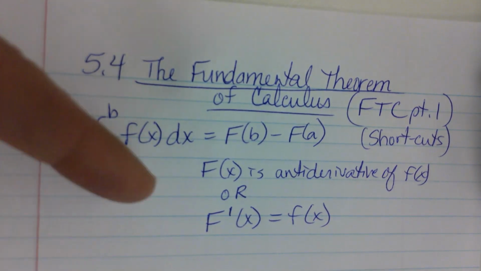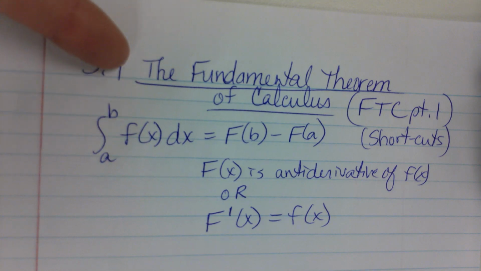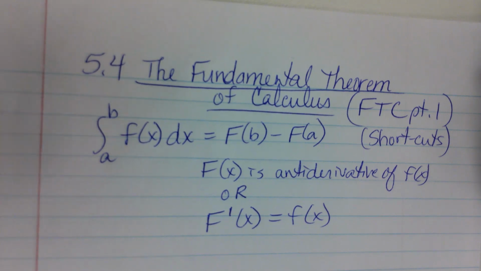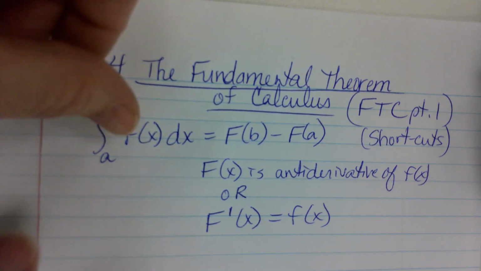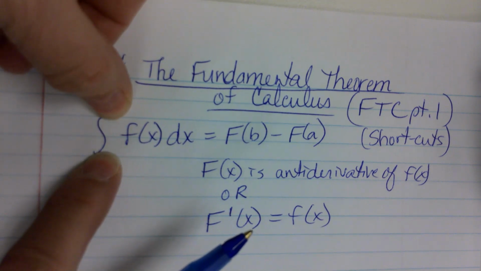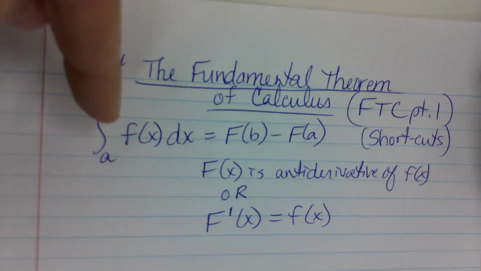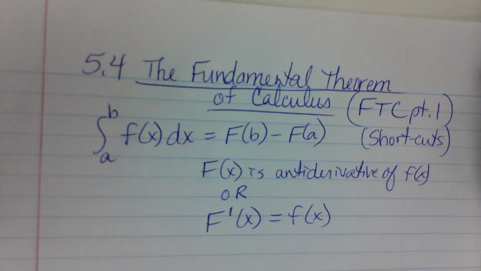Now, the one thing that will be missing in these definite integrals is the c. From when we did antiderivatives just without the definite integrals, we always had to put a plus c. And I will show you how this works and how the c's won't matter.